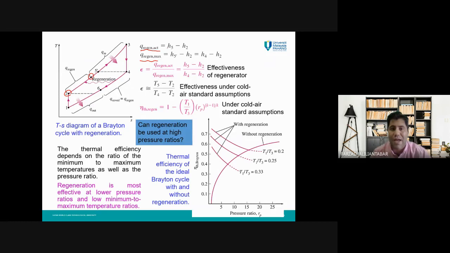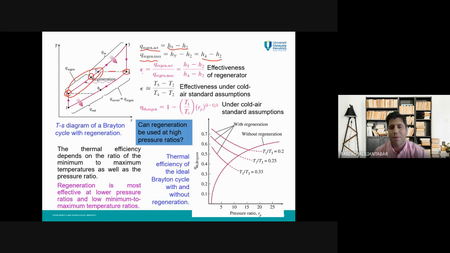So the actual one is H5 minus H2, and the maximum one is H5 prime minus H2. We assume all of the Q is given back to the system, which is identical to H4. H5 prime is equal to H4, minus H2.